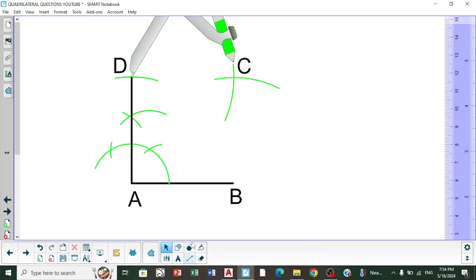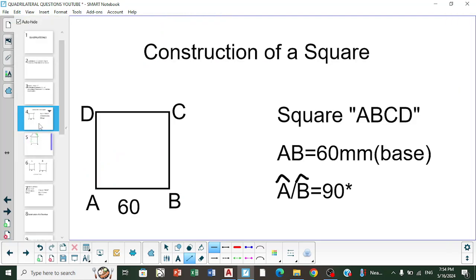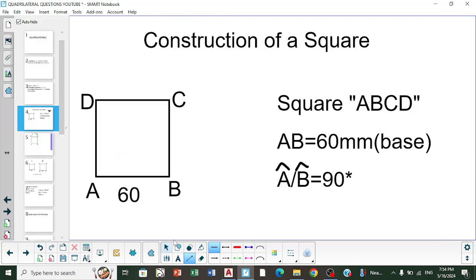I'm going to draw a straight line from B to C, from C to D. This is going to give me my square based on the question provided here.